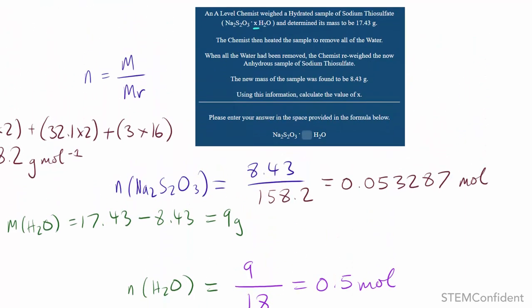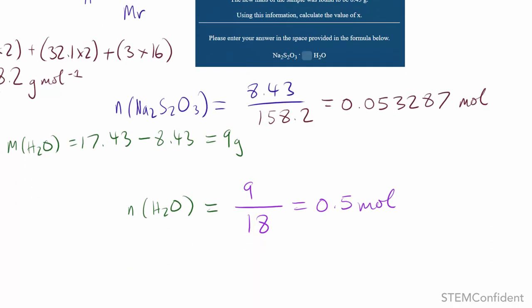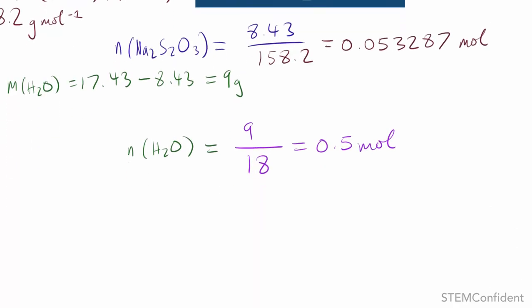Okay, so with both of these values in mind now, remember what we're really trying to answer is the question of for every 1 mole of Na₂S₂O₃, how many moles of H2O do we have? So I'm going to make a side-by-side comparison. I'm going to put the Na₂S₂O₃ aspect on the left-hand side to make the comparison a bit more comprehensible.